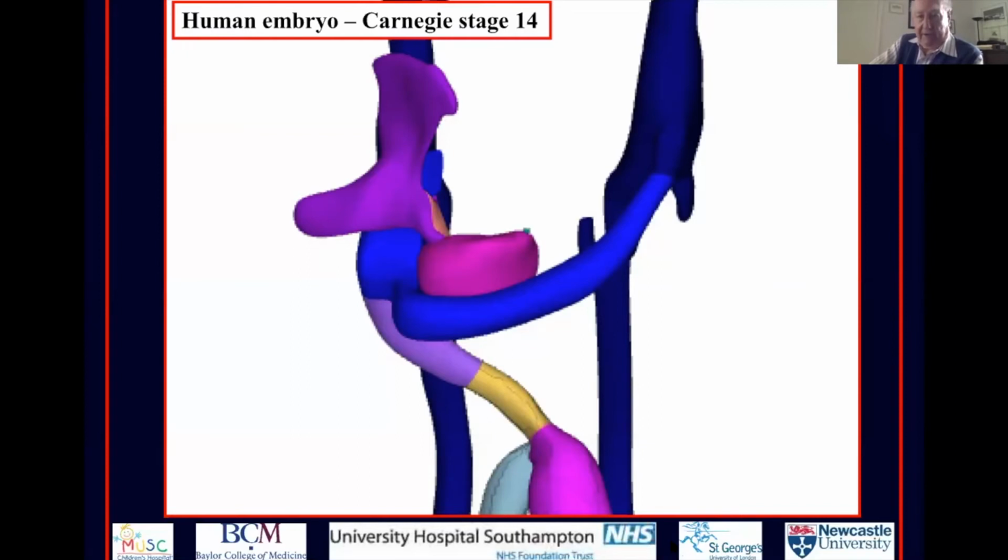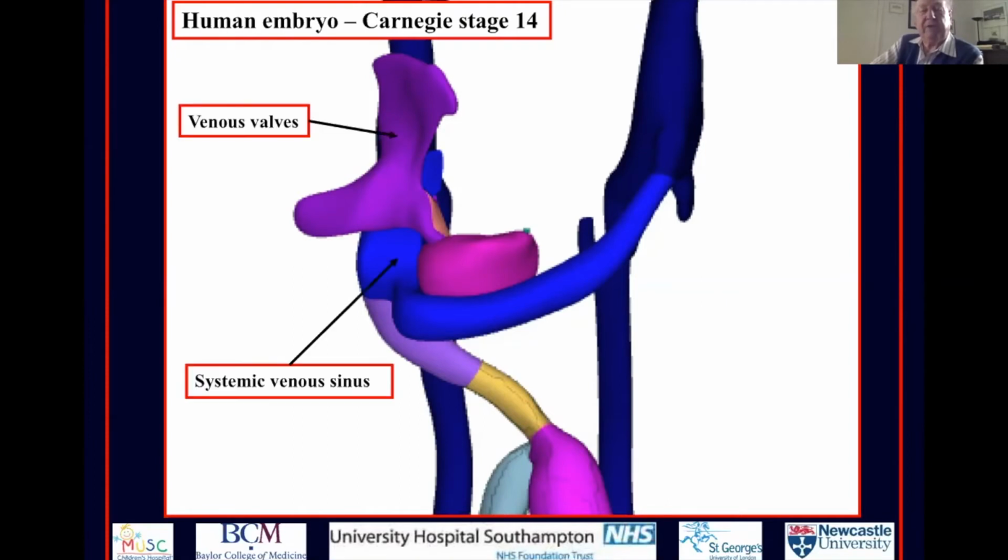And so now, if I show you what that looks like from the front, and Jill and Wout have now reconstructed also the venous valves, they're showing those in purple. This is one stage later. So there are the venous valves, and they are enclosing the opening of the systemic venous sinus.